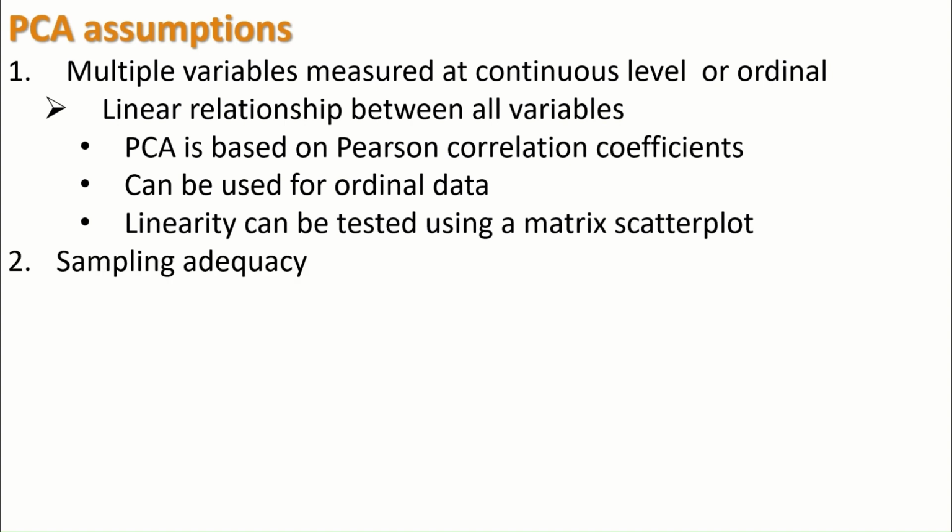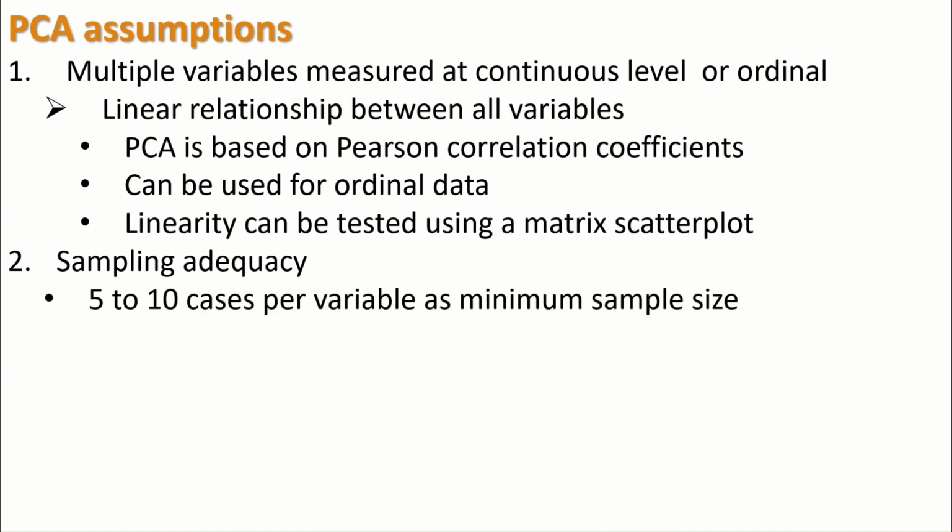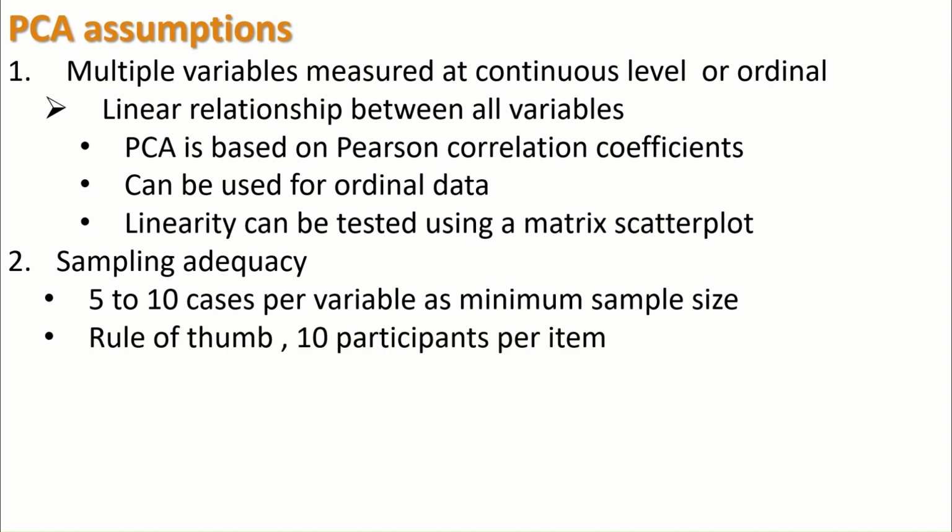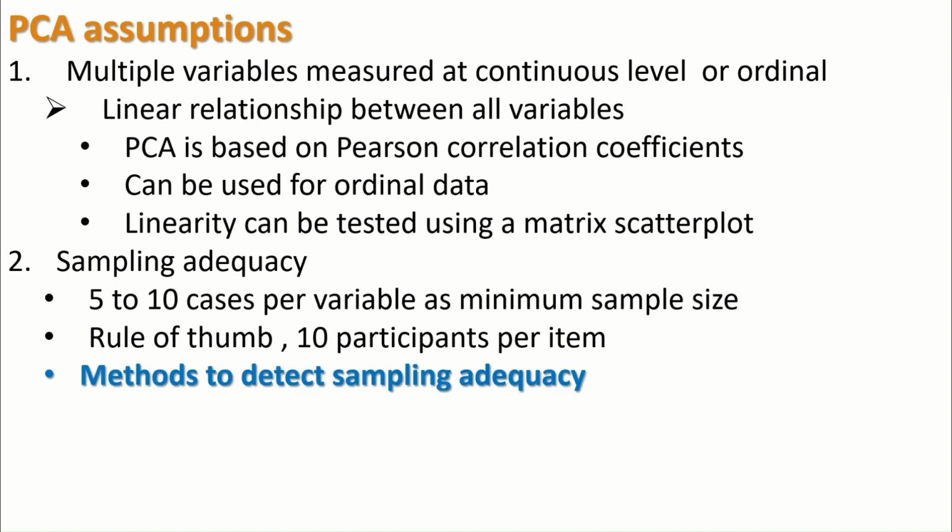The second assumption is sampling adequacy. There have to be enough participants. There have to be 5 to 10 participants per question or item as a minimum sample size. Using a rule of thumb, 10 participants per question can be considered.